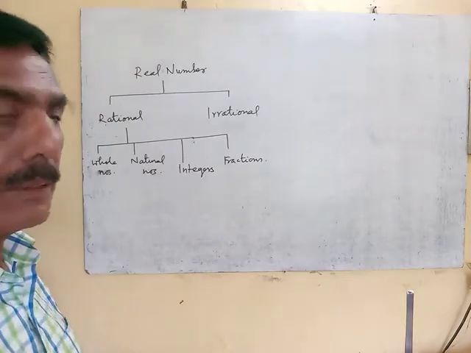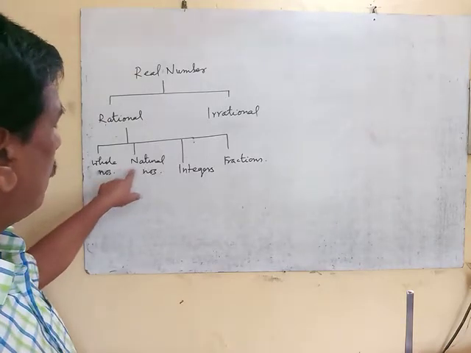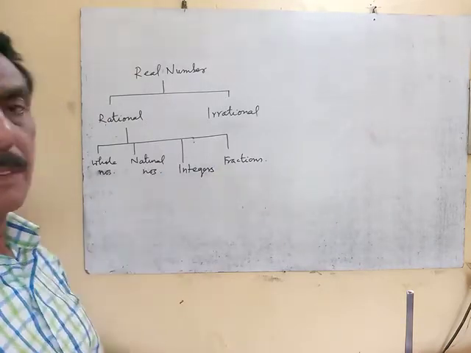So rational numbers are divided into whole numbers, natural numbers, integers and fractions. Right?